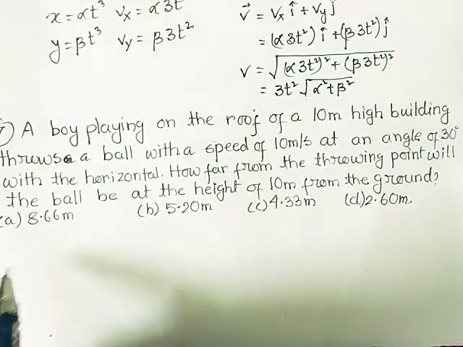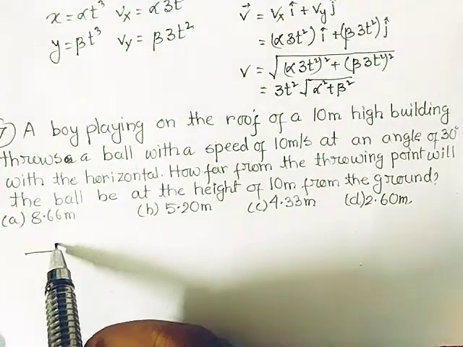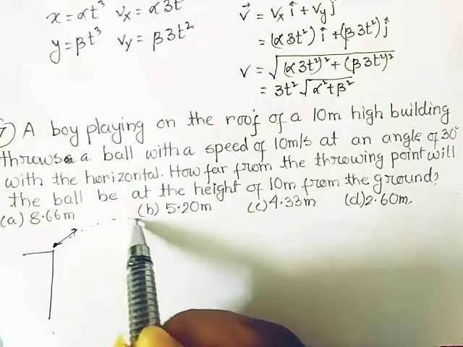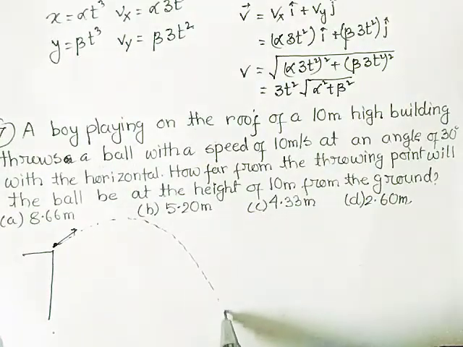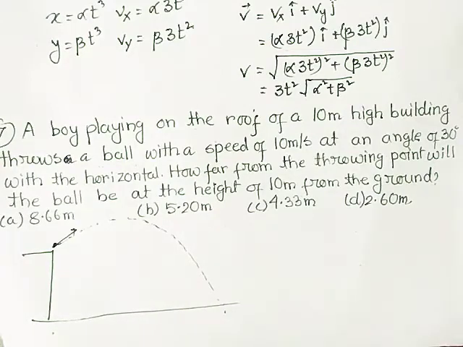So the scenario is something like this. It is the high building. From here the ball is thrown. Obviously the trajectory will be like this, and here it will strike the ground.